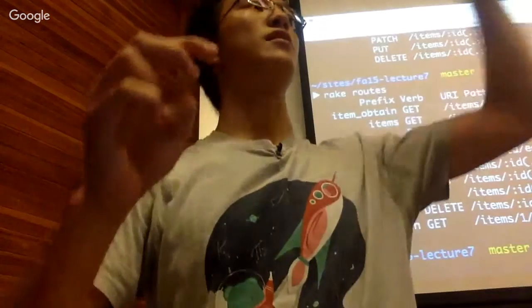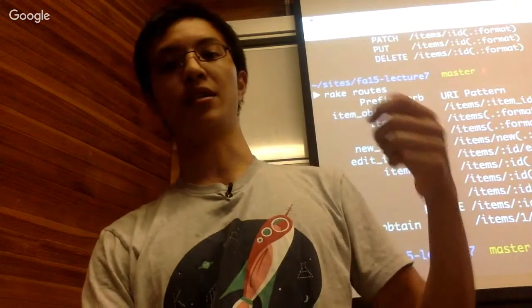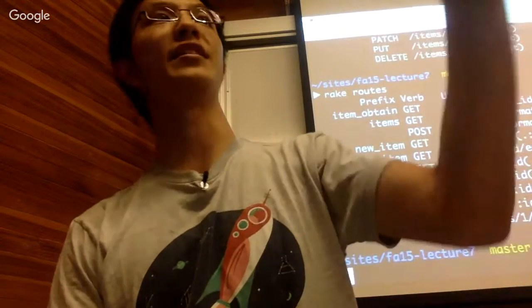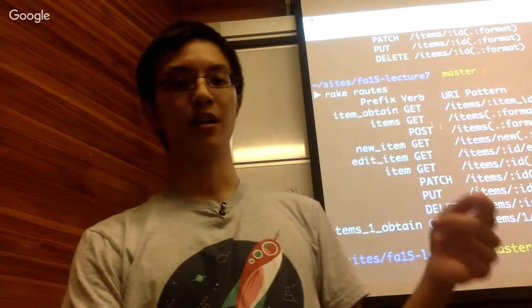All the stuff in the right-hand column says when you hit this URL, I'm going to run this method. So when I hit /items in my browser, I'm going to go to the items controller index action. So rake routes tells you exactly which URLs go to which pieces of code, which controller and which action within this controller.